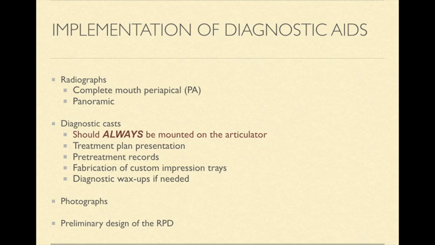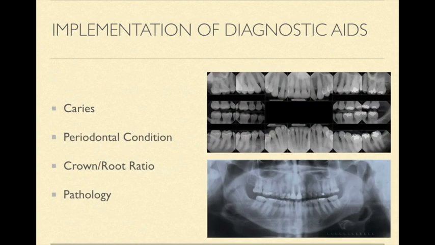So remember, not only take the x-ray, you also need to take the diagnostic cast and mount it on the articulator. Sometimes we might also want to use photographs to record the existing conditions and get a reference for the future. The last one is the preliminary design of the removable partial denture.